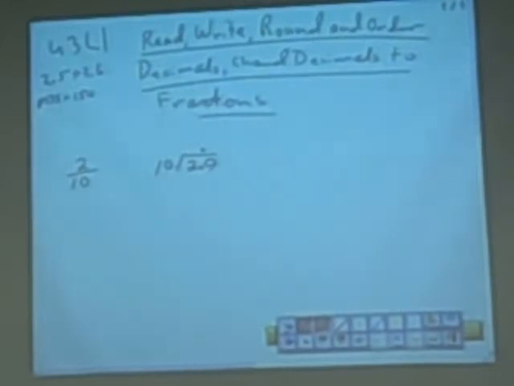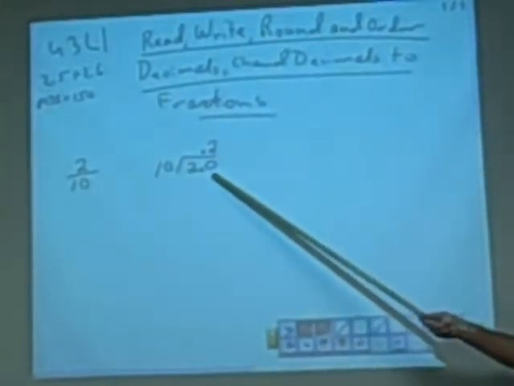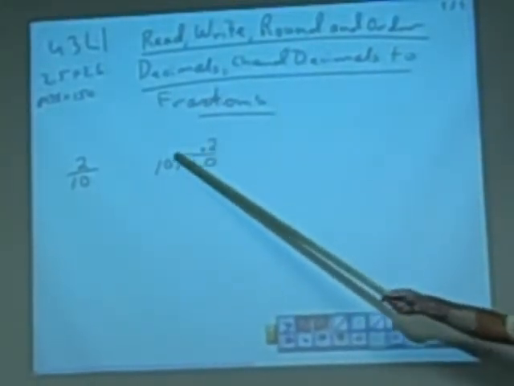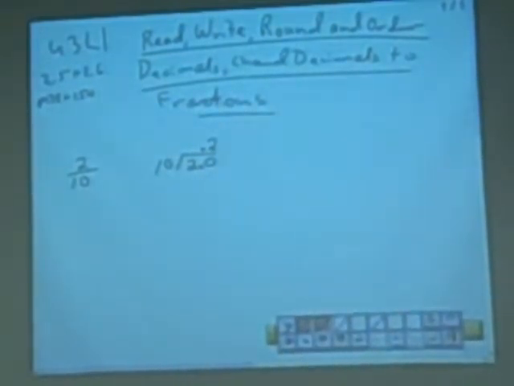And we know that 10 divided by 2.0, if we looked at 10 divided by 20, we know that's 2. So 10 divided by 2.0, that's 2. And then if we multiply 0.2 times 10, we get 2.0. Well, the same thing, so what we get here is 0.2.